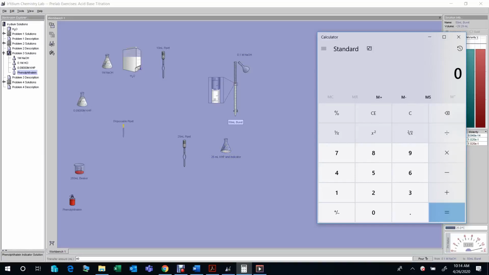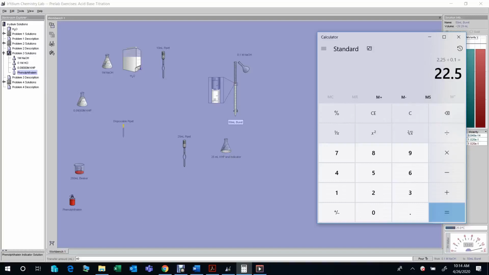So the moles of KHP is 25 milliliter times what? The concentration 0.09. So 25 milliliter times 0.09. Then that is the millimoles of KHP. Millimoles of KHP. And the concentration of sodium hydroxide here is about 0.1, right? Then we divide by 0.1.